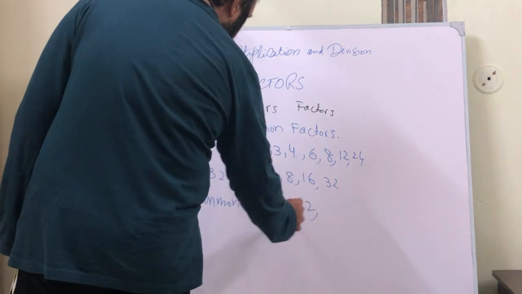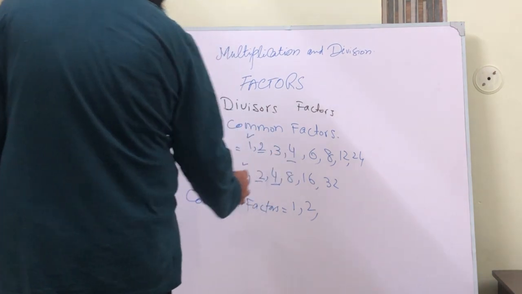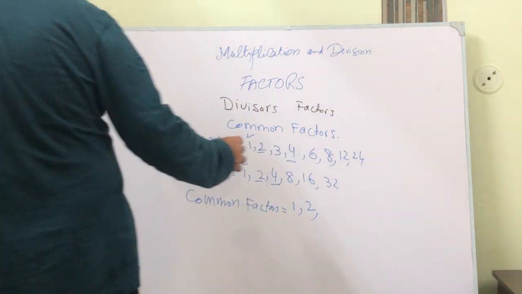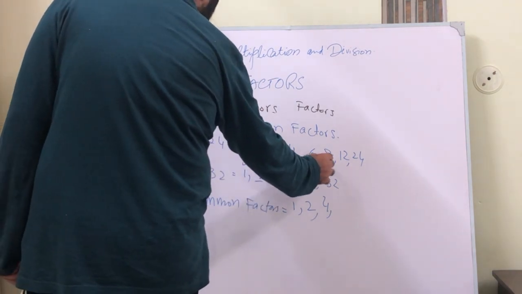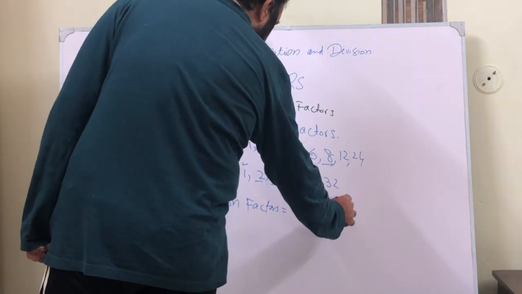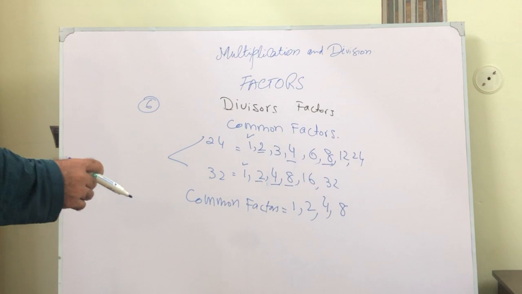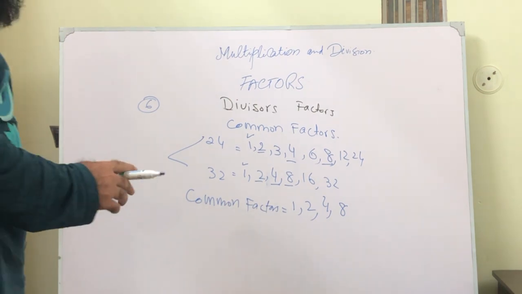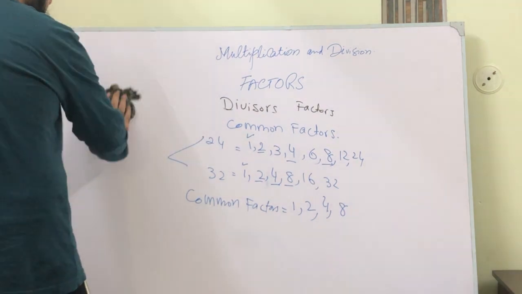Then we see number 4, 4 is here, 4 is here, this is common. Then we see number 8, this is present in both lists, so 8 is a common factor. 1, 2, 4, 8 are the common factors for 24 and 32.